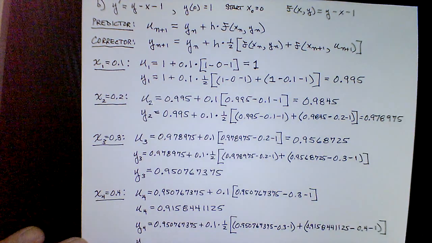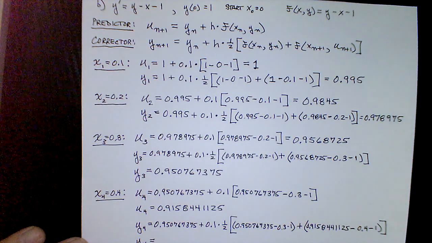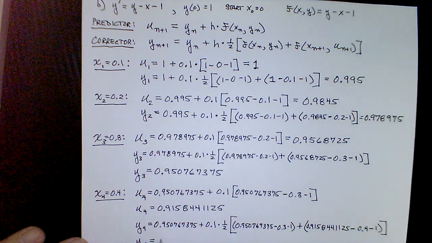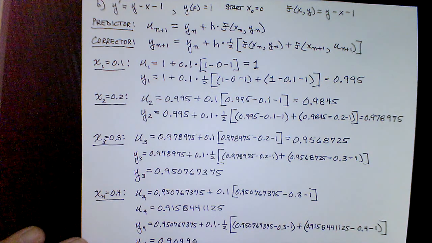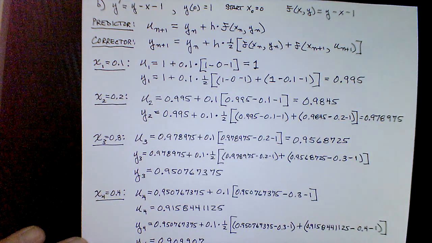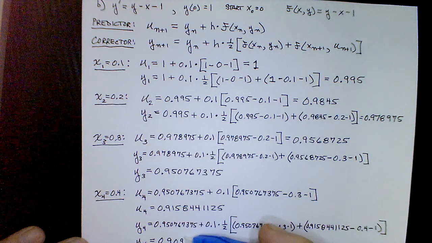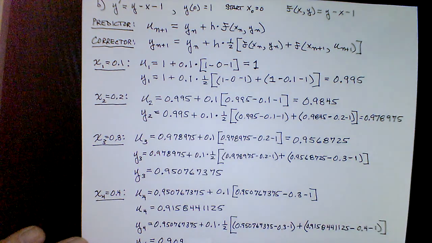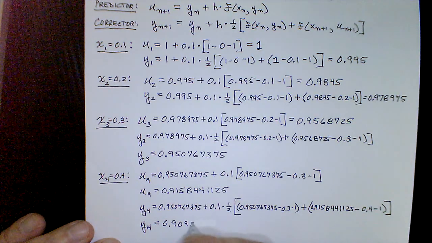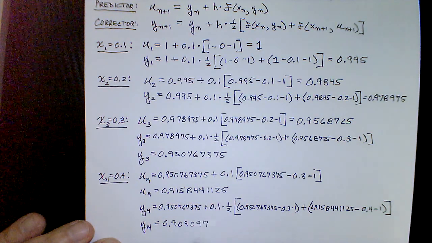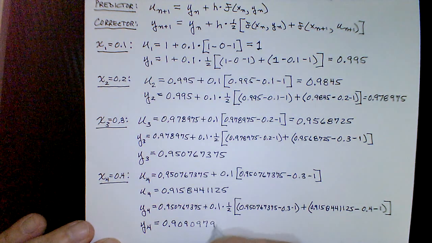Okay, so finally we get y sub 4 is, when you crunch all that down, 0.909097, I'm sorry, 0.9090979494.